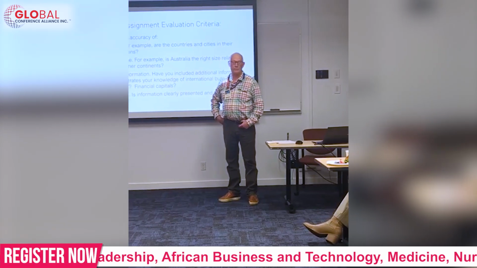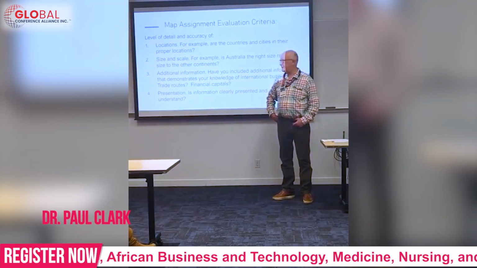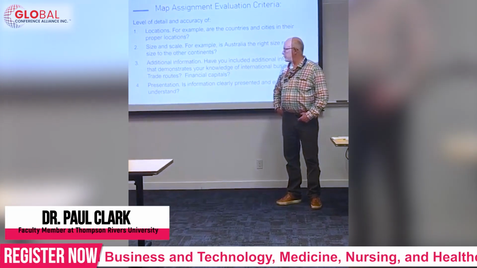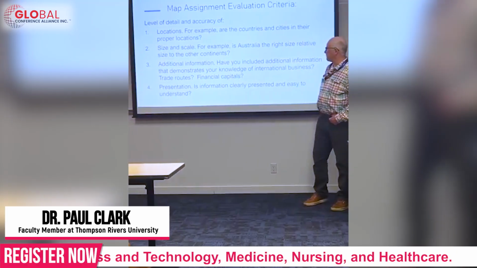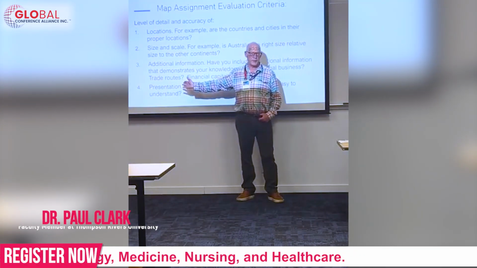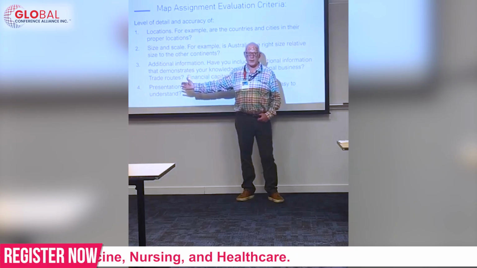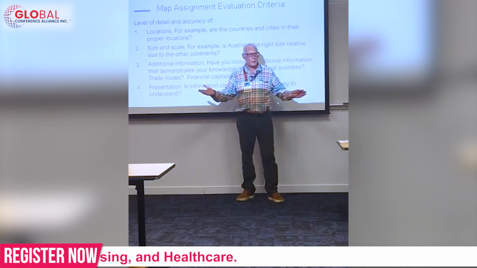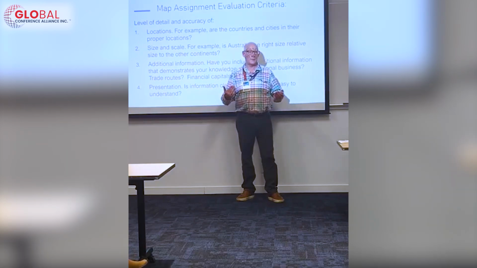Are they in the right rough locations? Additional information, for example, trade routes. There's some really significant trade routes: the Red Sea, for example, the Strait of Malacca. Some students don't know where the Suez Canal is. Some students don't know where the Panama Canal is. And I think from an international business perspective, this is really fundamental.